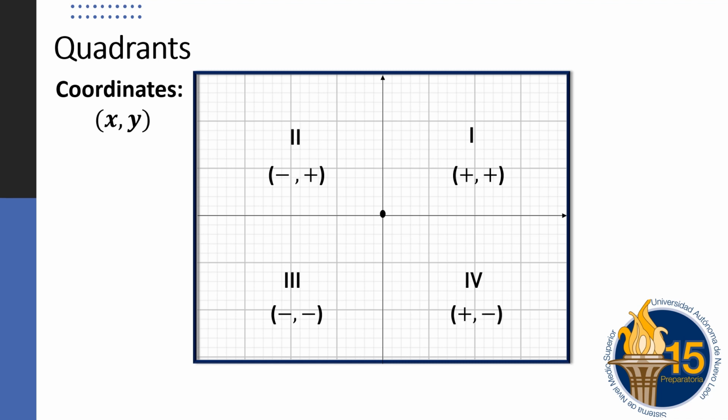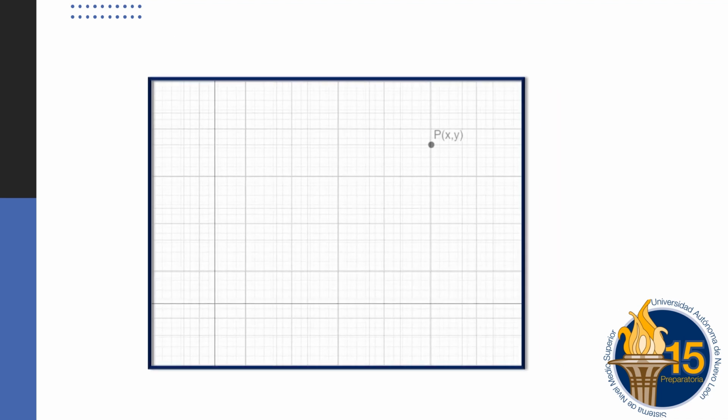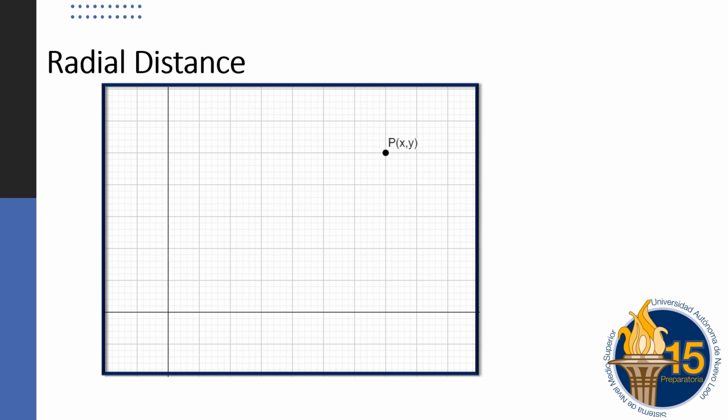When there is a point in the Cartesian plane, we can determine the radial distance r. This is the distance between the point and the origin. Because this distance is not directed, its value is always positive. To calculate this distance, we will use the Pythagorean theorem, because a right triangle is formed.